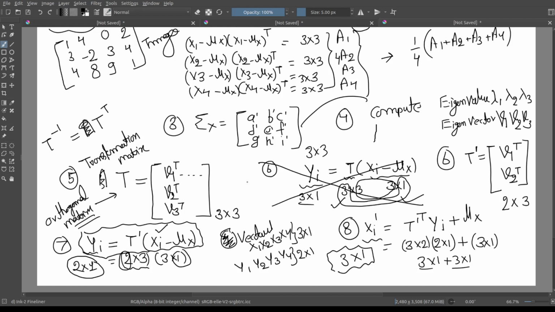Okay. Now for complete understanding, let's quickly write here, let's say I can use a different pen, a different color. I don't know how to pick a different color.